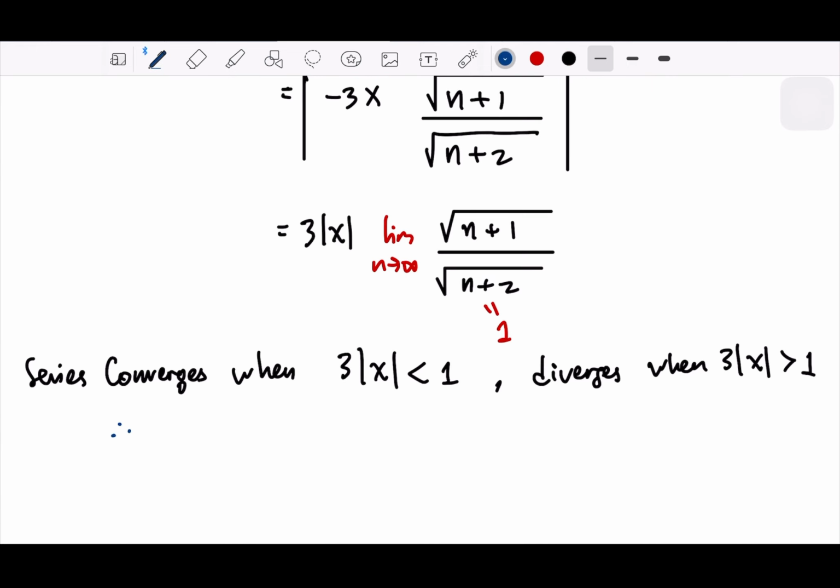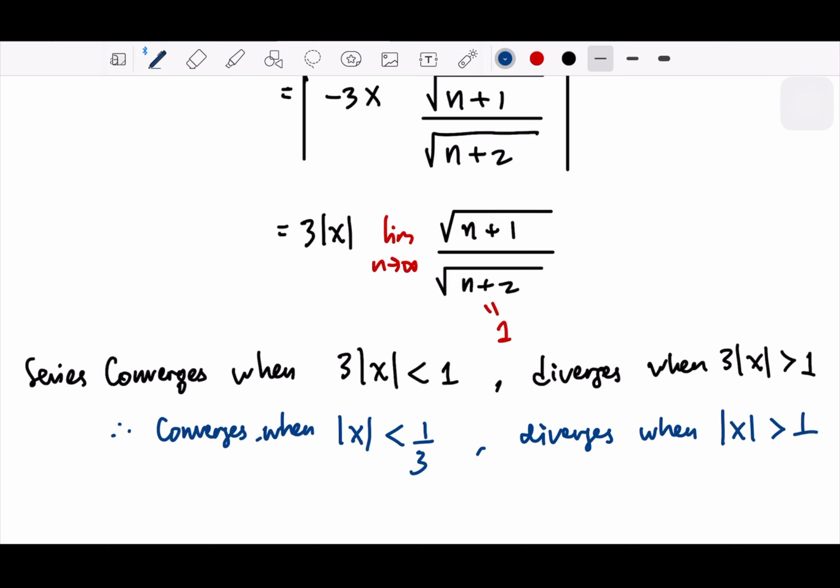So first, if we look at the convergence, we can simplify. So maybe it converges when |x| is less than 1 over 3, and diverges when |x| is greater than 1 over 3.